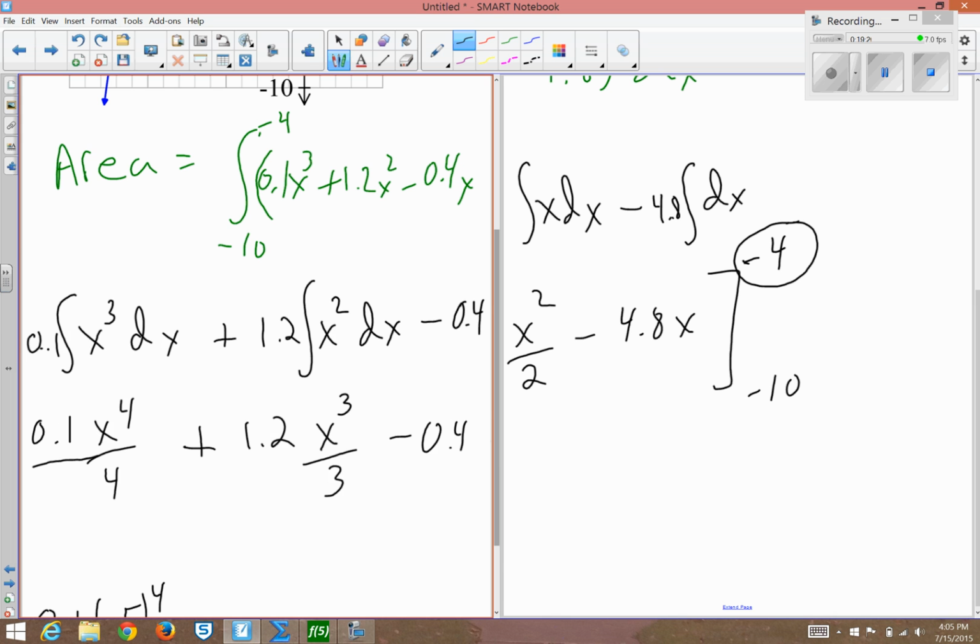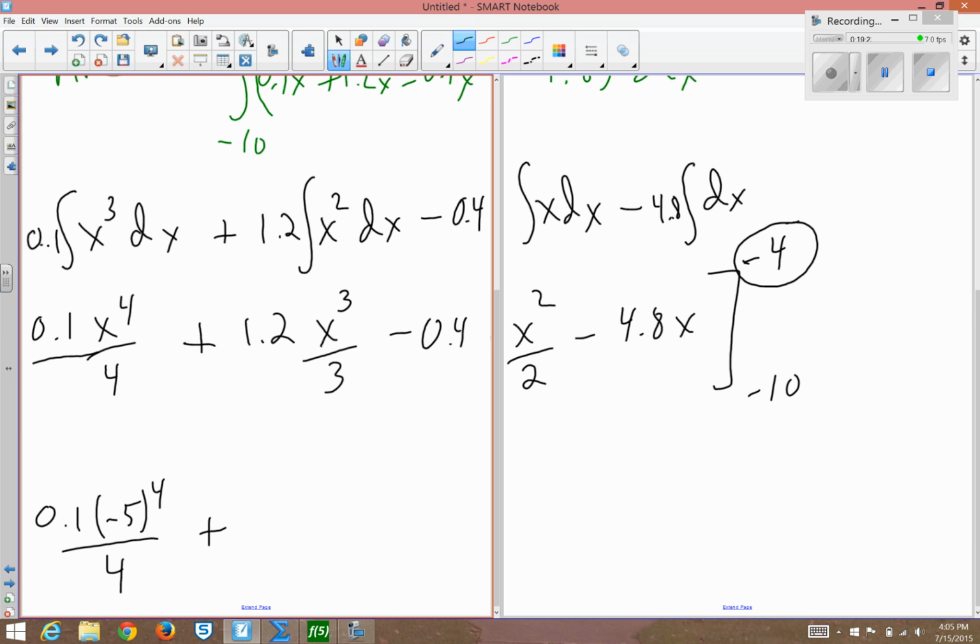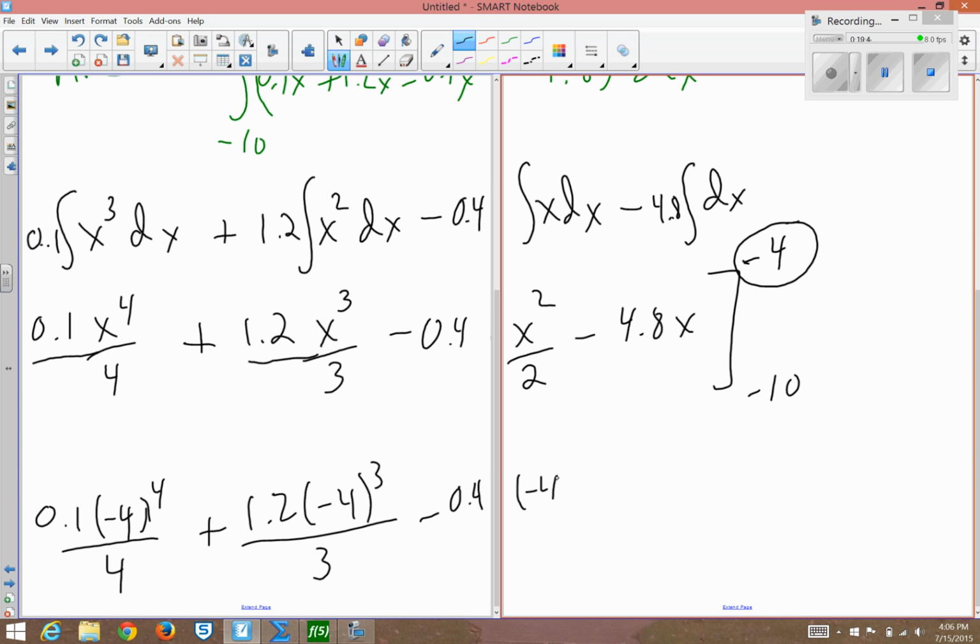So everywhere there is an x, I'm putting negative 4. Plus 1.2 times negative 4 to the third. This is all over 3, because you can extend that. Minus 0.4 times negative 4 to the second over 2, minus 4.8 times negative 4.